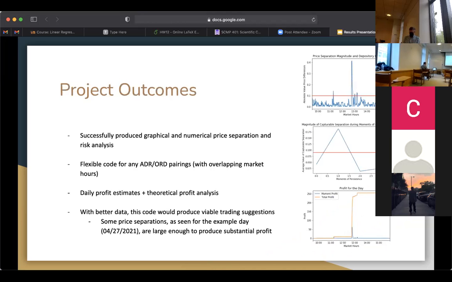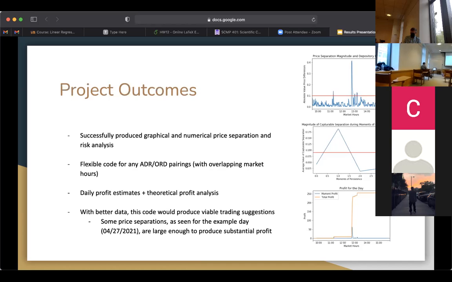The top one is the absolute value of the price separation between the pairs, and that's measured by that blue line. And then the red line is the depository fee that the user has access to. So we see in this graph that the user has a 10-cent depository fee, or $0.1.